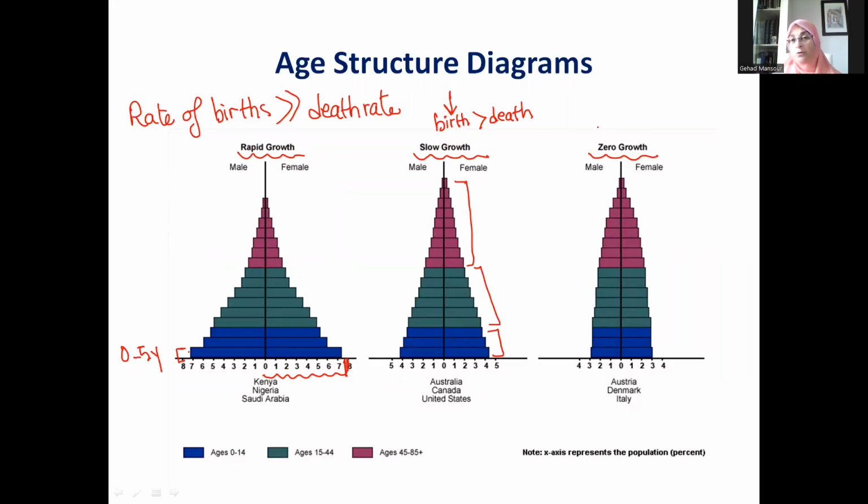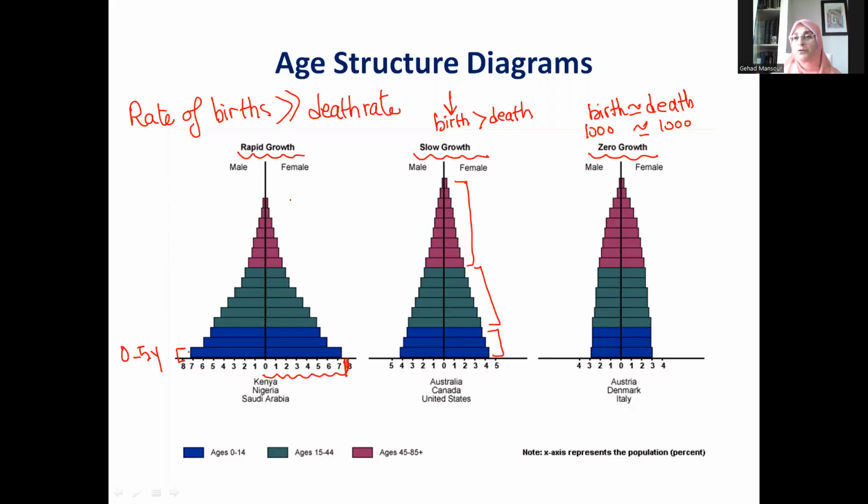In the zero growth, we would have the birth rates almost equal to the death rates, and that makes sense because if every year, for example, you have 1,000 births, and similarly you have around 1,000 deaths, then there wouldn't be an ultimate or a net increase in the number of individuals in that population.